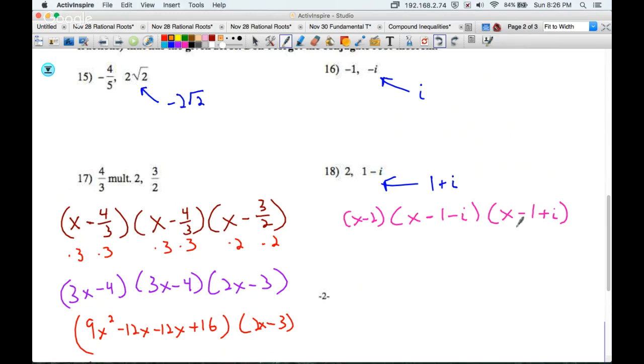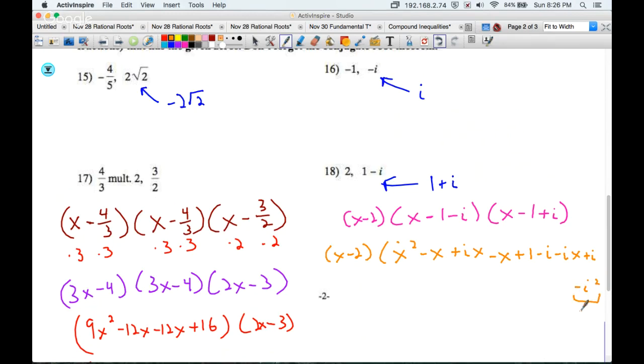Now the first two we should multiply are the conjugates because a lot of nice canceling will happen. So I got x minus 2 over here. This leaves x squared minus x plus ix minus x plus 1 minus i minus ix plus i, and then negative i times i is negative i squared.